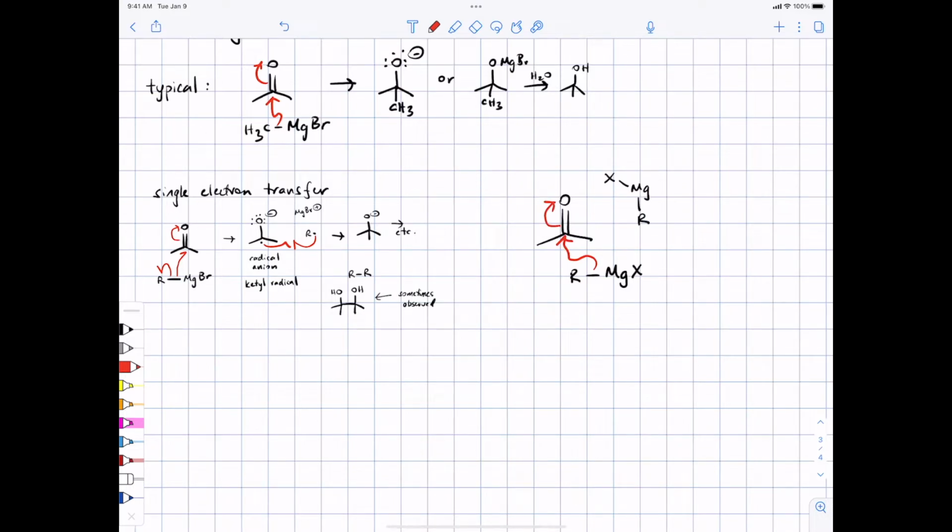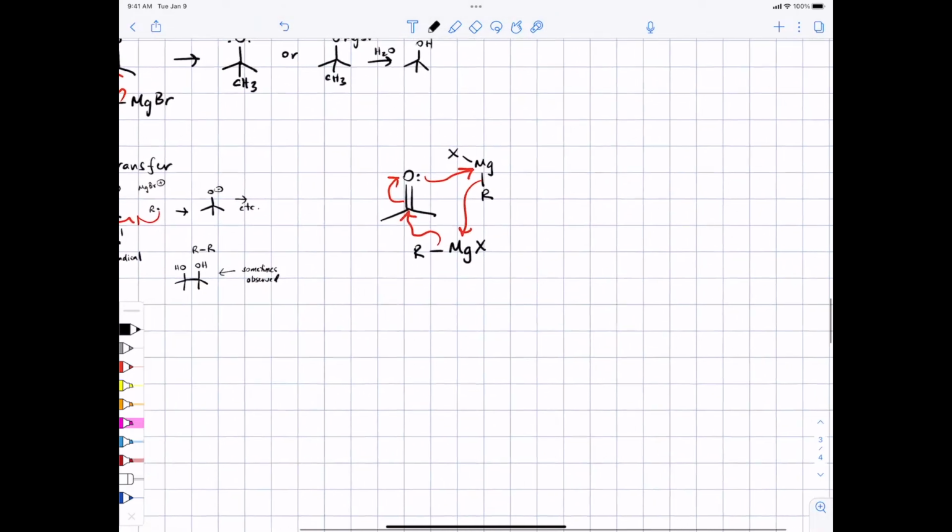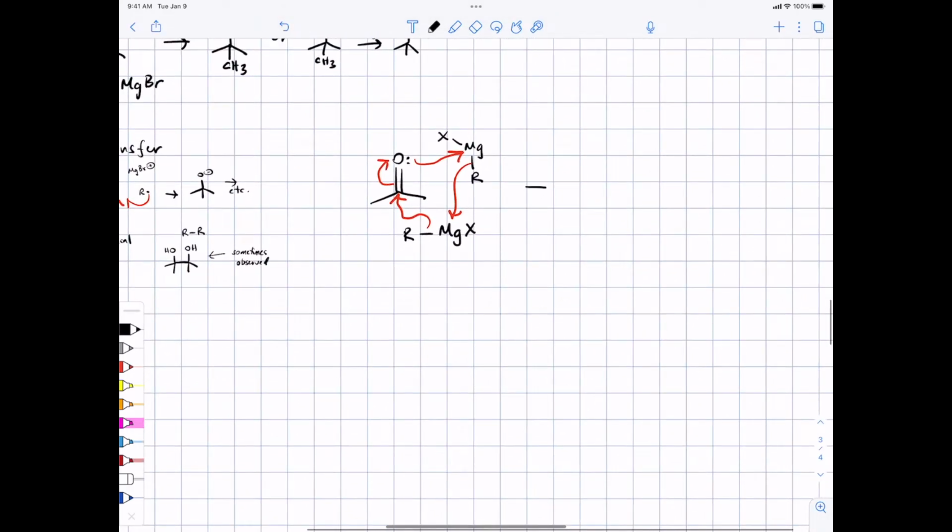At this stage, the oxygen chelates to the magnesium, and then this R group goes to that magnesium. If you follow that through, what that does is it prevents you from ever having a negatively charged tetrahedral intermediate, and only one equivalent of the Grignard reagent is consumed.